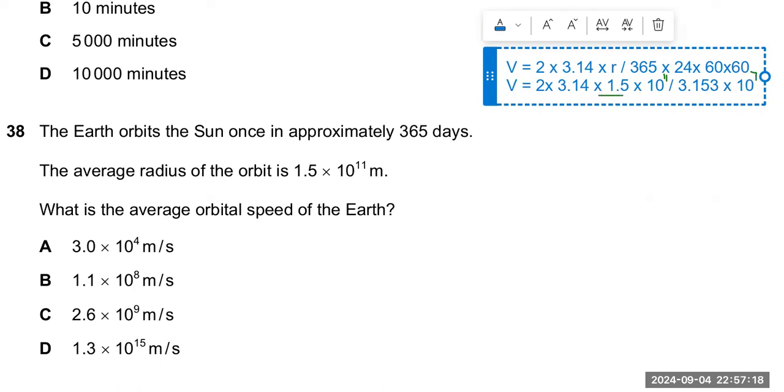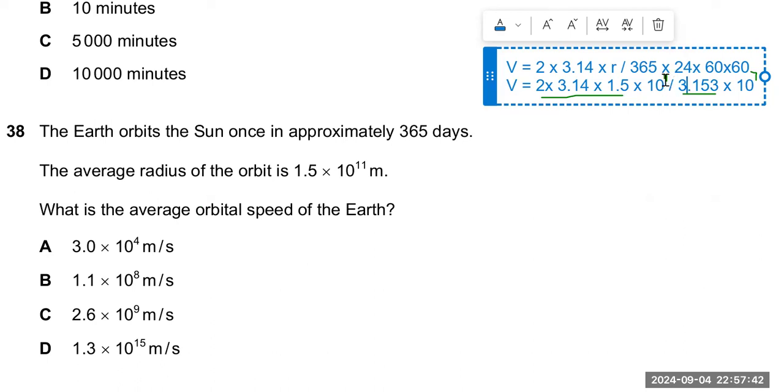Now we have to multiply these three terms and divide by this one, then you can easily get your answer. 3.14 multiplied by 1.5, divided by 3.153. You will get 2.99. If you round this off, you will get 3.